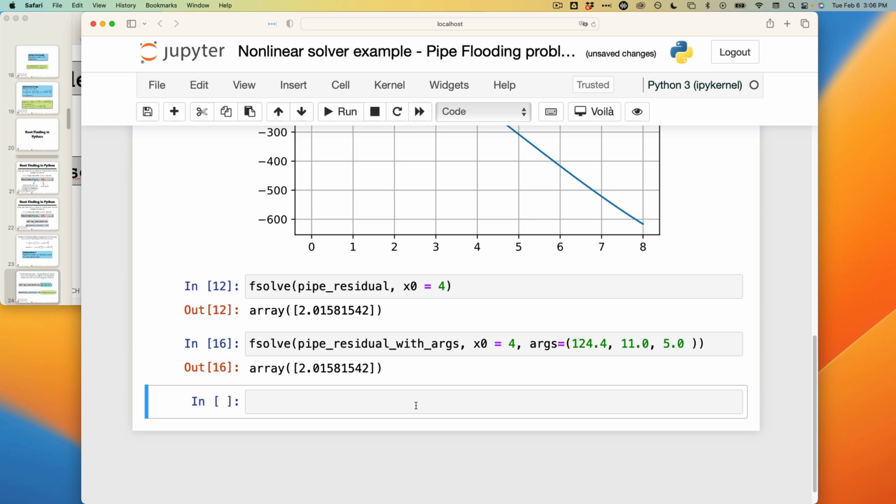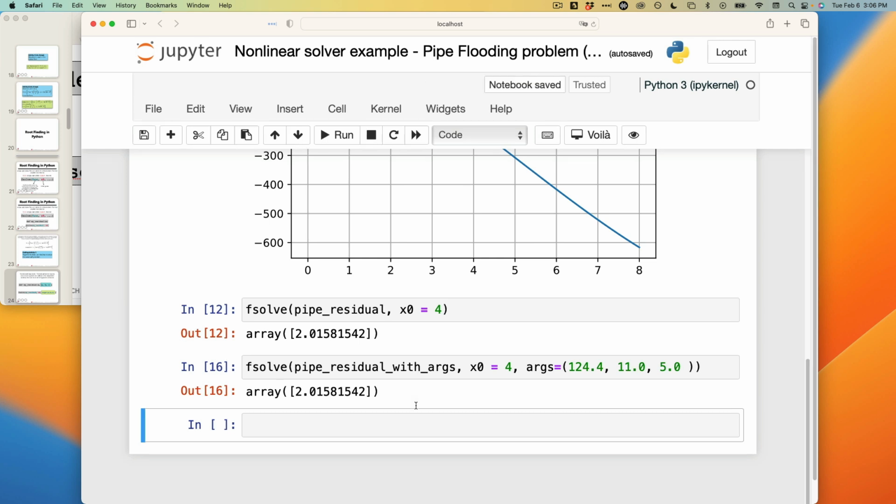Is it possible to define H but instead leave something else unsolved? No. The first argument in the residual function has to be the one that you're solving for. You would have to define another subroutine.